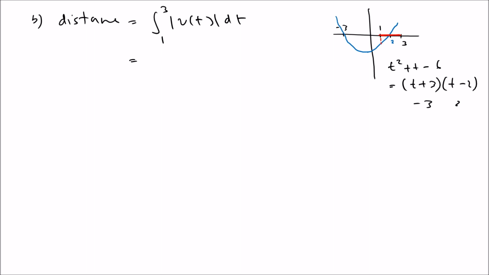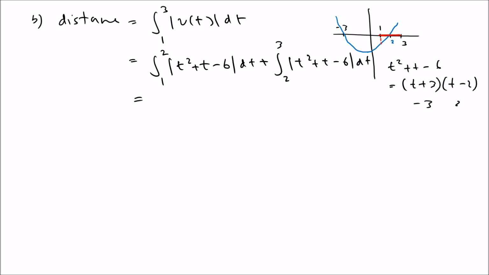That means we write this interval as 1 to 2, take the absolute value of the function, so the absolute value of t squared plus t minus 6 dt, plus the other one, 2 to 3, the absolute value again of t squared plus t minus 6 dt.